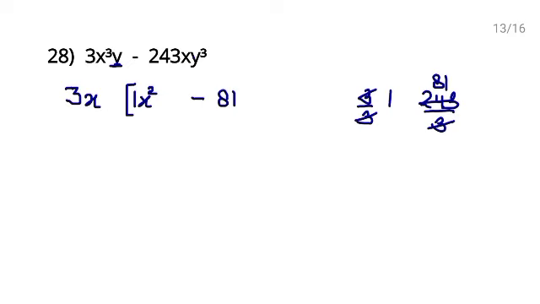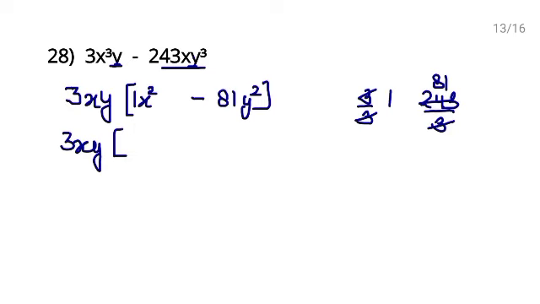Now there is y, so we will take y common. From this term we have taken y common, so no need to write it. एक ही y था वो ही common ले लिया है, so उसको लिखने की ज़रूरत नहीं है. From this term y raised to the power 3 was there. Power 3 में से power 1 common ले लिया, so we will be left with power 2, right? So we have taken 3xy common.